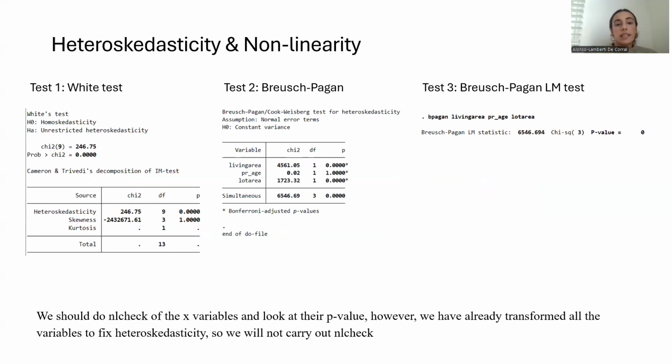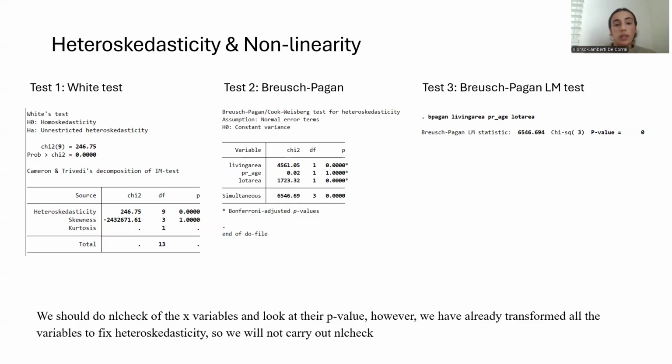Then heteroscedasticity and nonlinearity. First we had to take care of heteroscedasticity. We did 3 tests, the White test, the Breusch-Pagan, and the Breusch-Pagan LM test. All 3 of these tests gave us a p-value lower than 0.05, which means that heteroscedasticity was present in our regression.